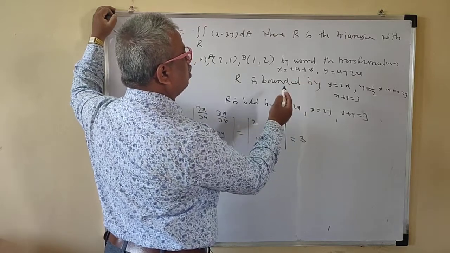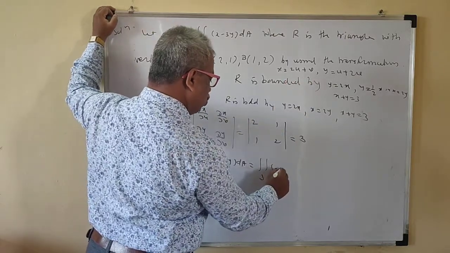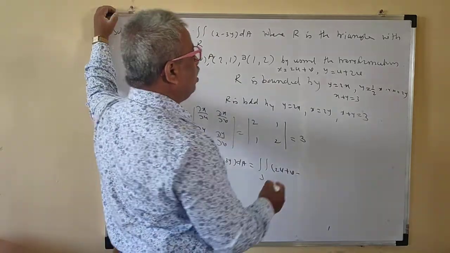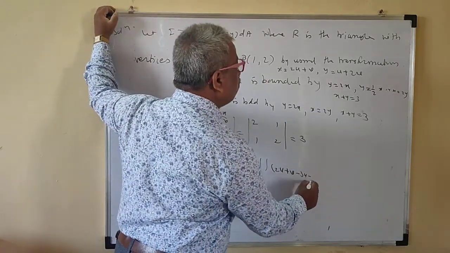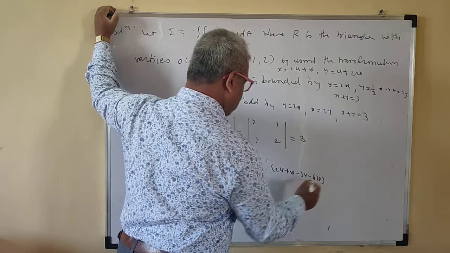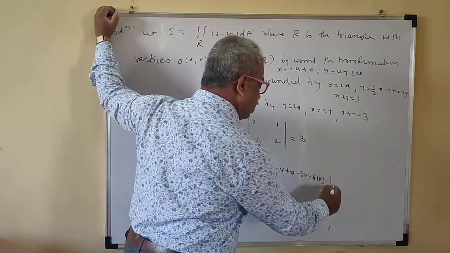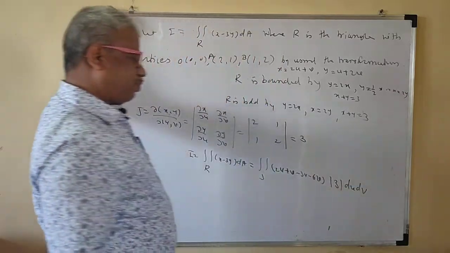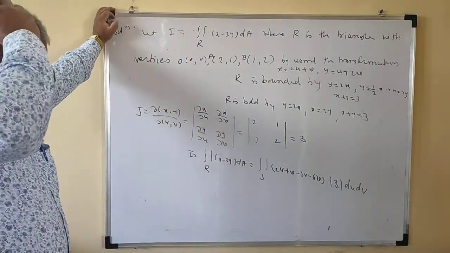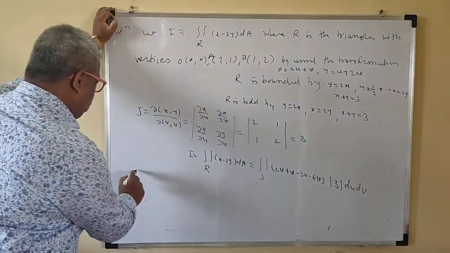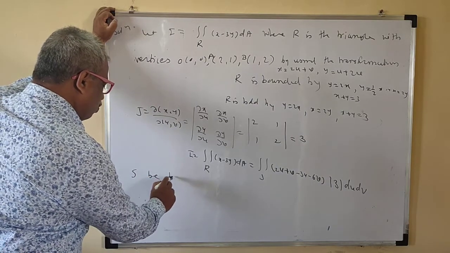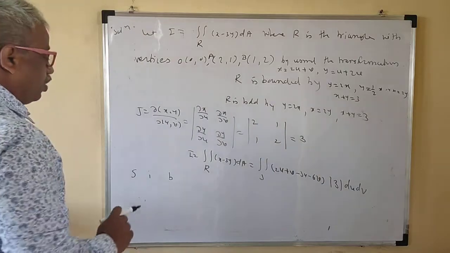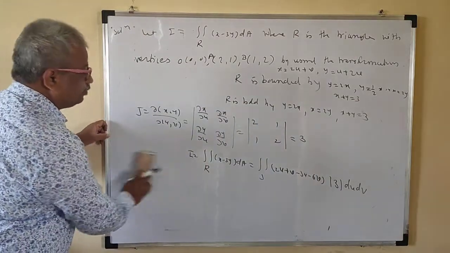Your x is twice u plus v, minus 3y, which is minus 3u minus 6v. Your Jacobian is what? Mod of 3, du dv. This you have to integrate. So S is bounded by, that you have to find.